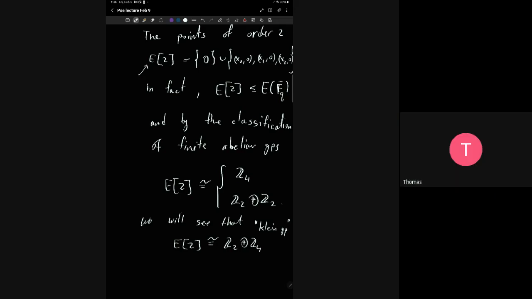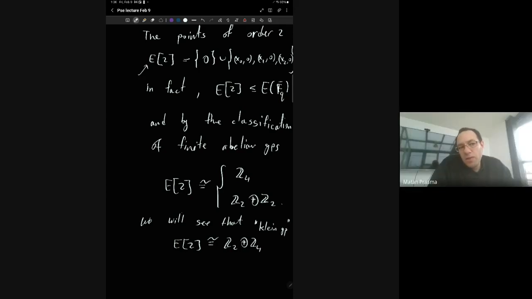Okay, so points of order 2 are simply the points that if you add them to themselves 2 times, you get 0.